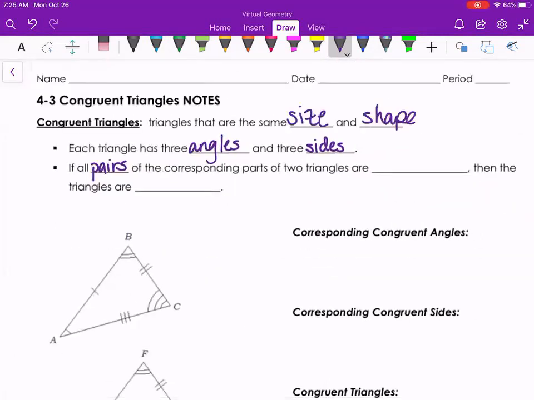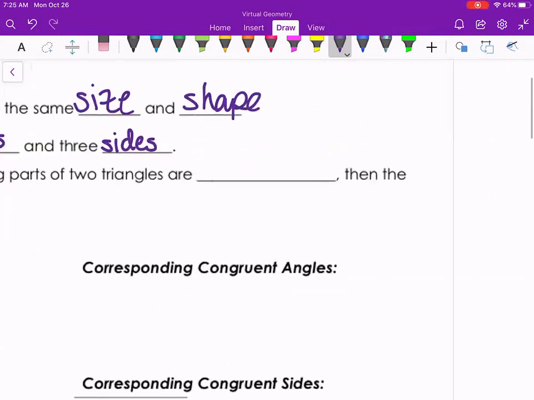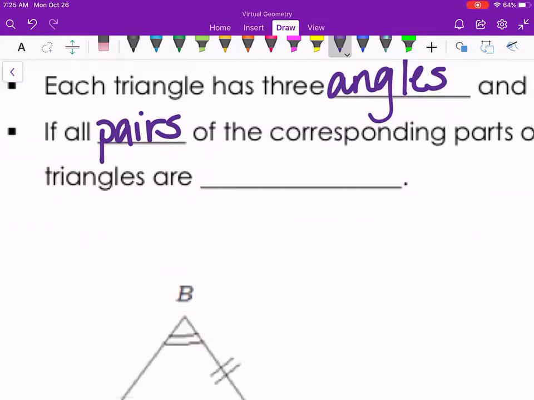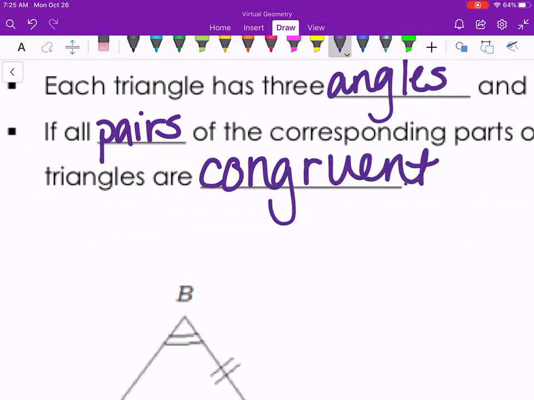So if all pairs of the corresponding parts of two triangles are congruent, so if all pairs of sides, so one side in one triangle has a match in another, every angle in one triangle has a match in another, so if their pieces are congruent, then the triangles are congruent. And that's what we're going to be working with today, is finding all of our different parts.